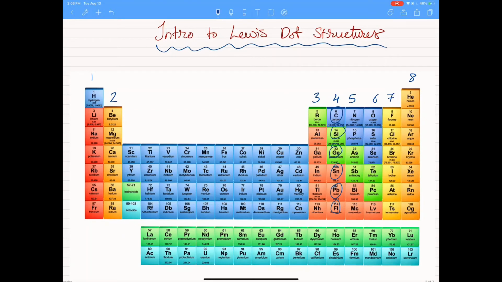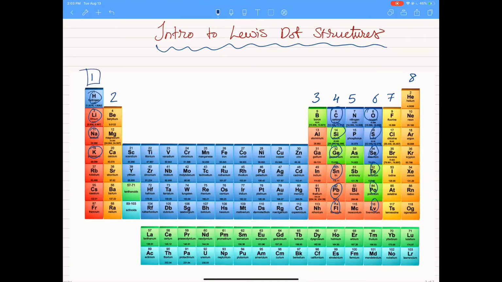Similarly, if we look at oxygen, oxygen has 6 valence electrons, but every other element beneath that will also have 6. And similarly even with the first group, lithium, sodium, potassium, hydrogen, they will all have 1 valence electron, corresponding to the column number that they're in.